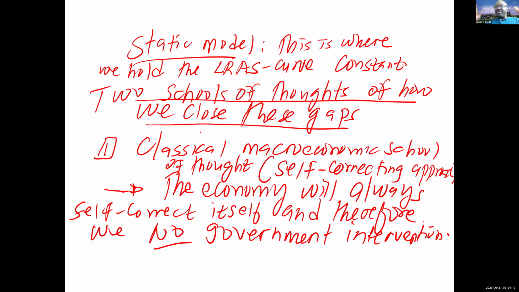The government should not interfere with the workings of the economy. Okay? So we're going to begin by this. Let's talk about how we close a recessionary gap, which is caused by what? Negative demand shock, using classical theory. So that's what we're going to do next.